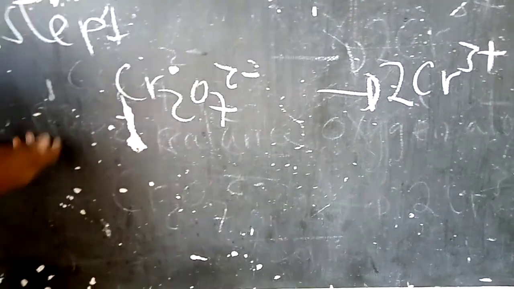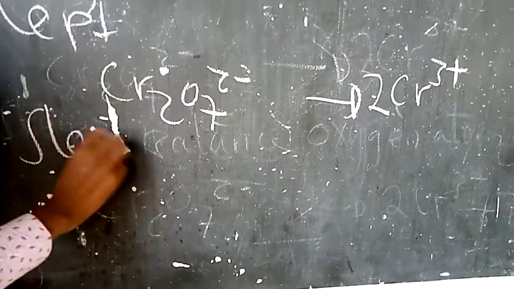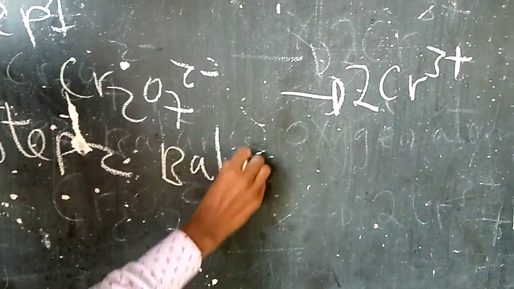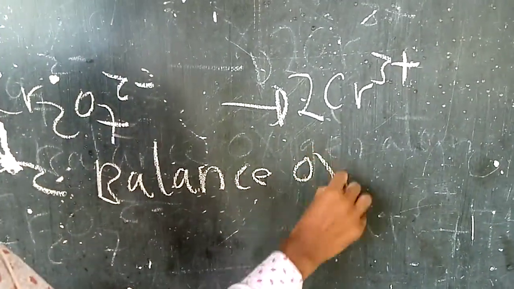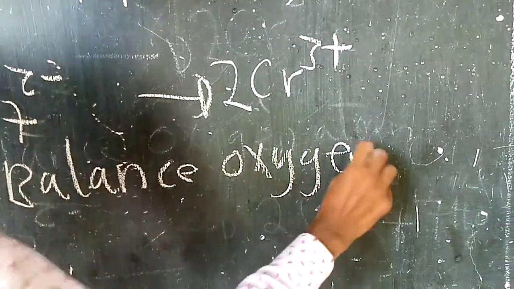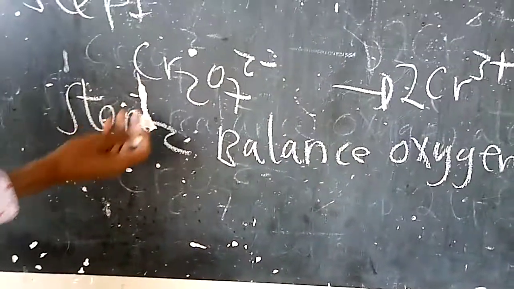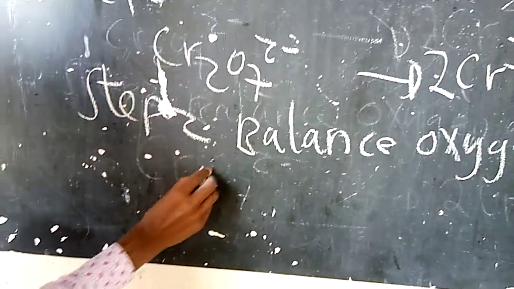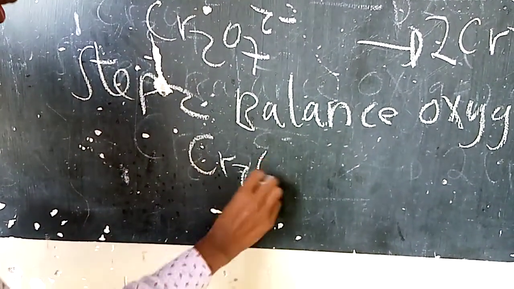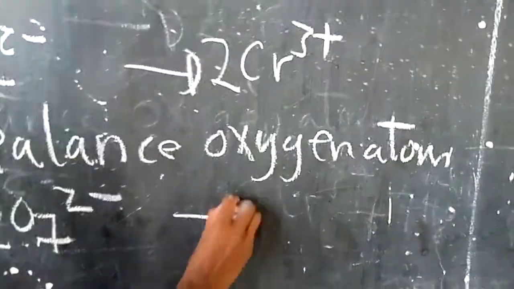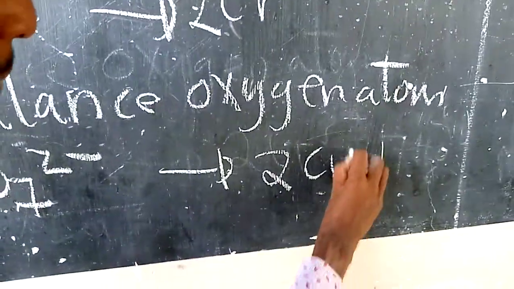Now step 2, balance oxygen atoms. Very simple. To balance oxygen atoms, take your equation as it is, Cr2O7 2 negative, to get 2 Cr3 positive.